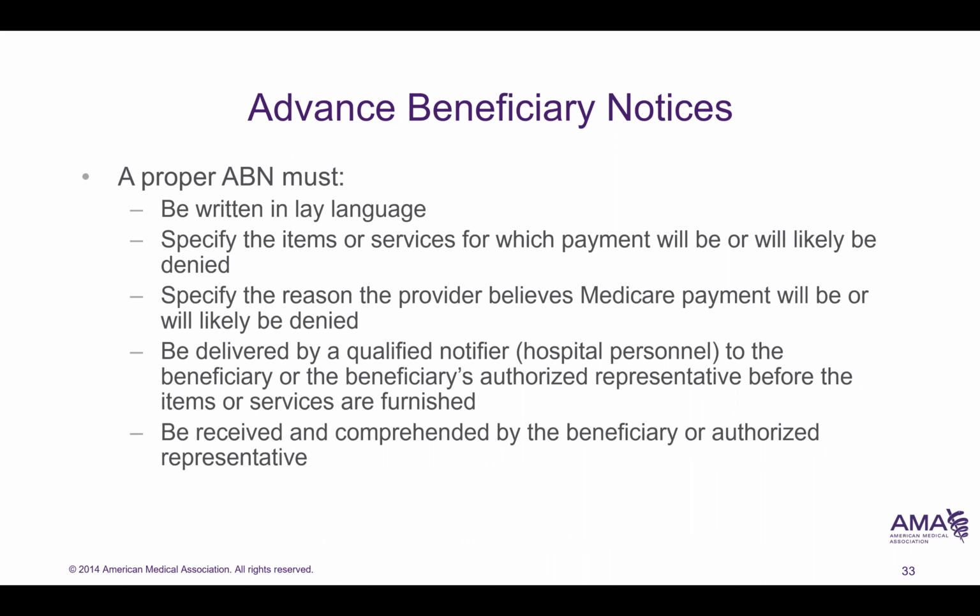Specify the reason the provider believes the Medicare payment will likely be denied, and be delivered by a qualified notifier to the beneficiary or the beneficiary's authorized representative before any services are provided. And then be received and comprehended, in other words, understood by either the beneficiary or the beneficiary's responsible authorized representative.